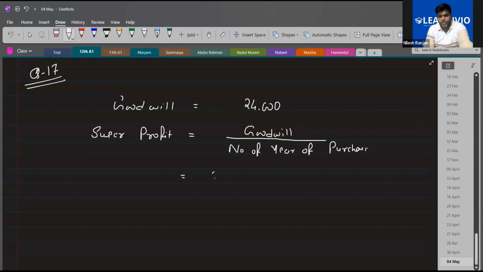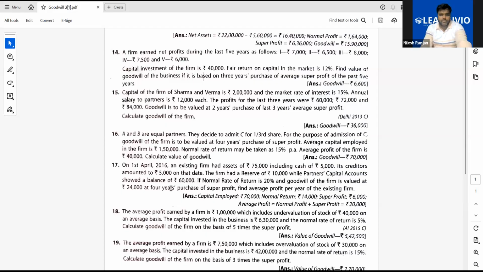So it will be 24,000 divided by 4. So your super profit is 6,000. Okay, now we have calculated the super profit, 6,000.